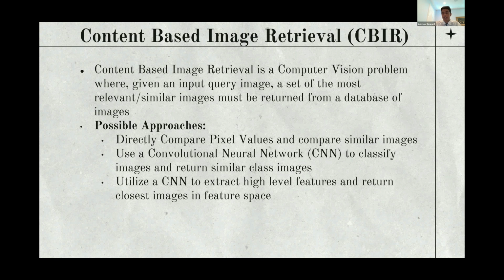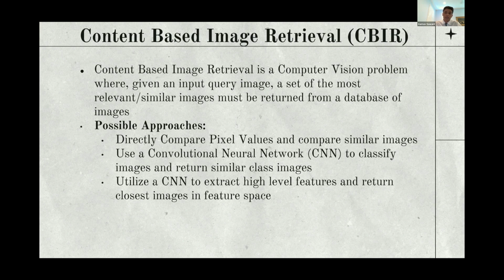The second way is using a convolutional neural network to classify an input image and return images in the same class. This way can be really effective, but the problem of using a convolutional neural network is you need to train an image classifier on an extensive data set and on multiple classes as well, which may not be available for certain use cases of image retrieval.